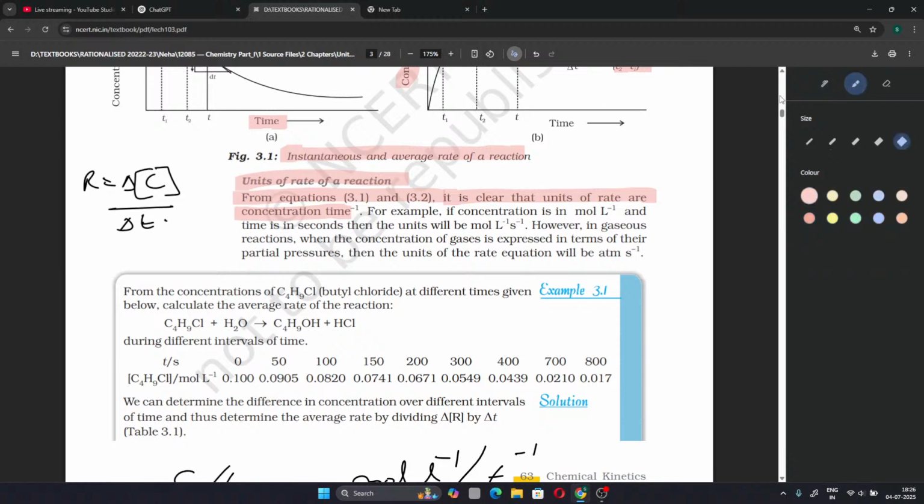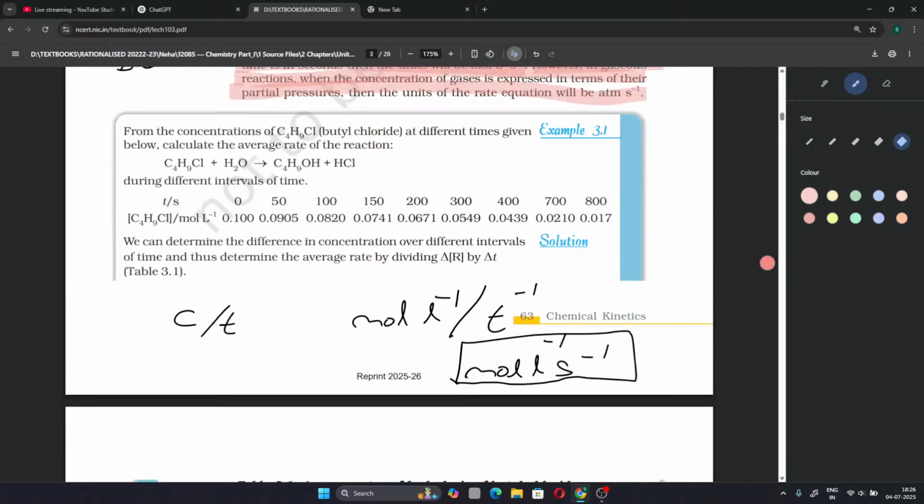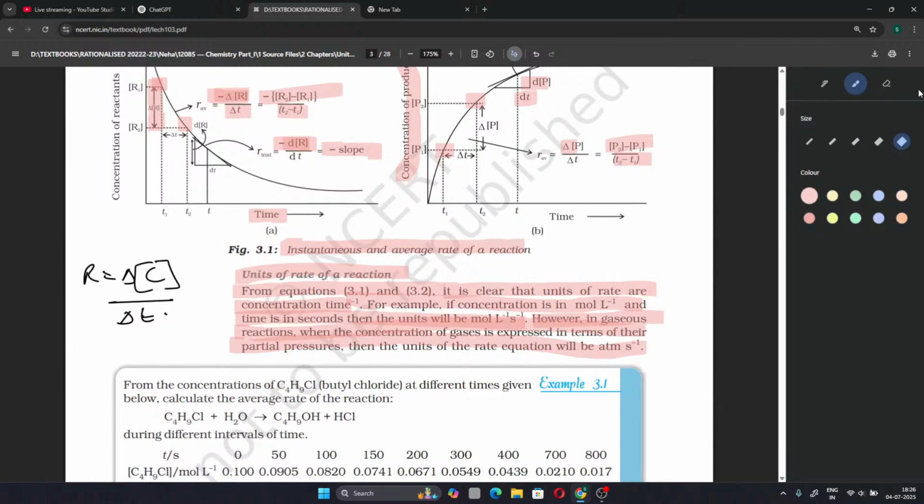For example, if the concentration is in mole per liter and time is in seconds, then the unit will be mole per liter per second. However, in a gaseous reaction, when concentrations of gases are expressed in terms of their partial pressures, the unit of rate will be atm per second. Basically, in liquid solutions we take delta C by delta T, but for gaseous reactions we take the change in their partial pressures, delta P by delta T, where P is the partial pressure.